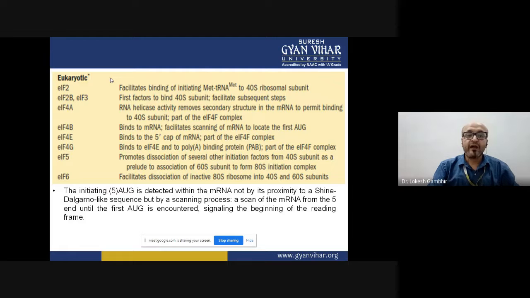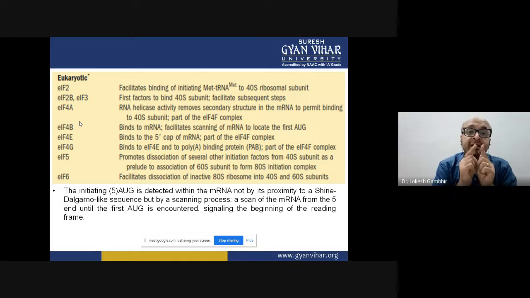Then we have IF4A. Now this IF4A is again a unique initiation factor. It's an enzyme. It's actually an RNA helicase which will open up the double strand RNA. Now you will ask me, where is the double strand RNA? We have only single strand mRNA. See, in the 5' region we have untranslated regions, UTRs, and that particular segment gives rise to a secondary structure, a loop kind of structure.